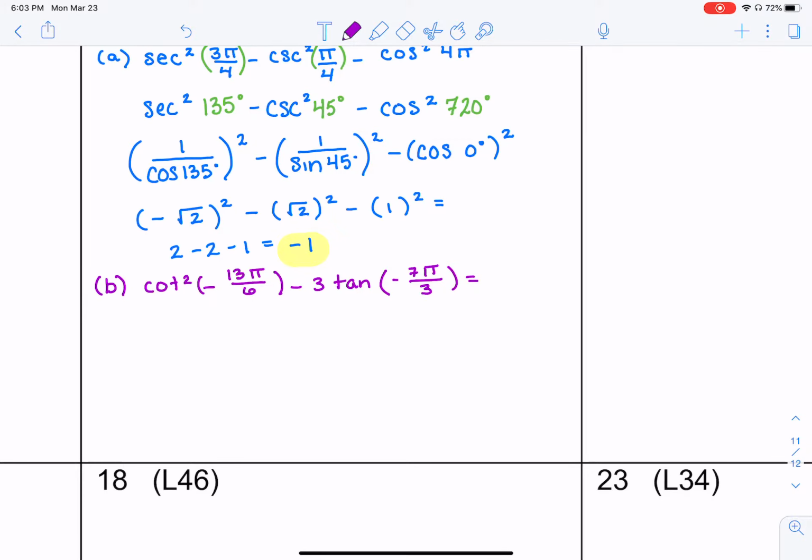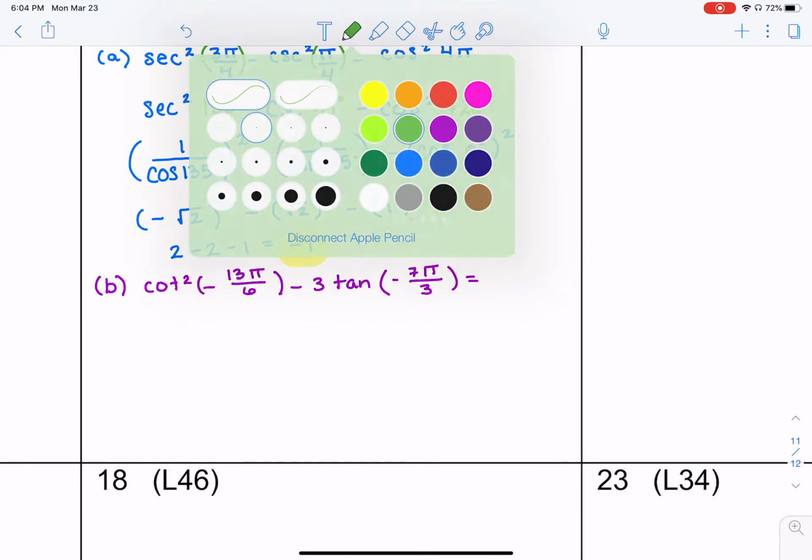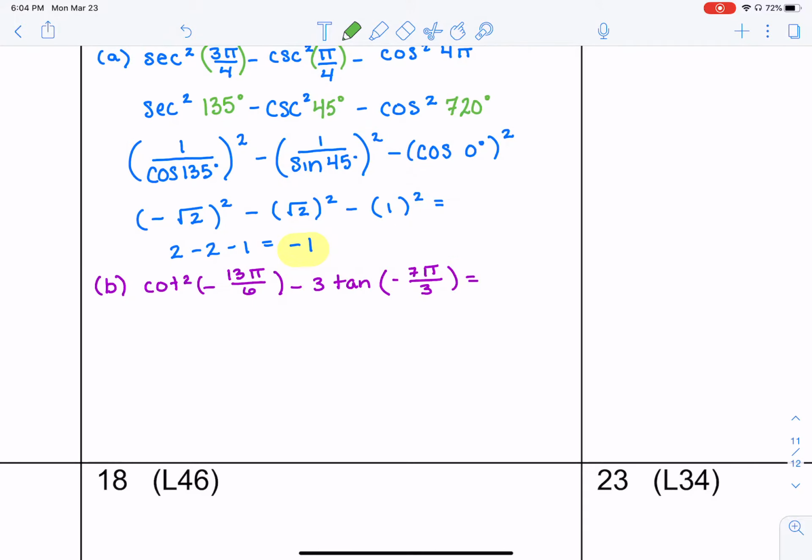Okay, so I am going to convert into degrees. This first one, negative 13 pi over 6, it's actually the same thing as negative 30 degrees. And the negative 7 pi over 3 is the same as negative 420 degrees.